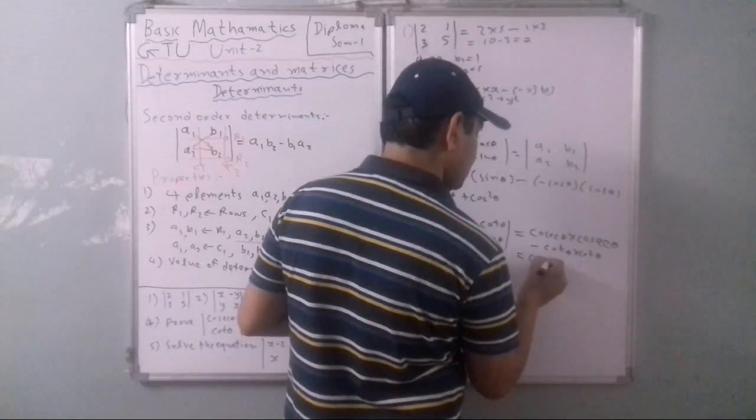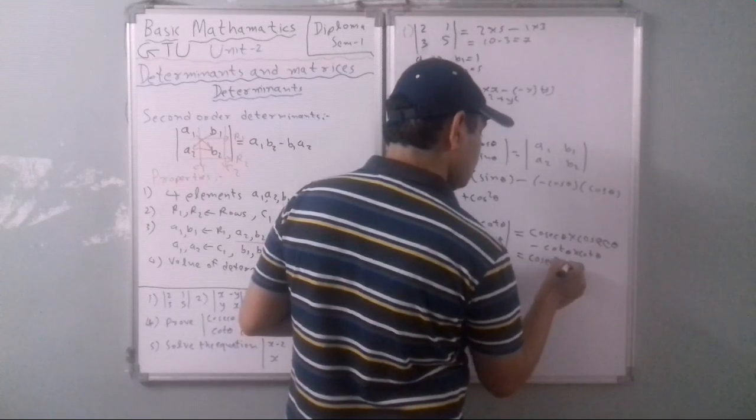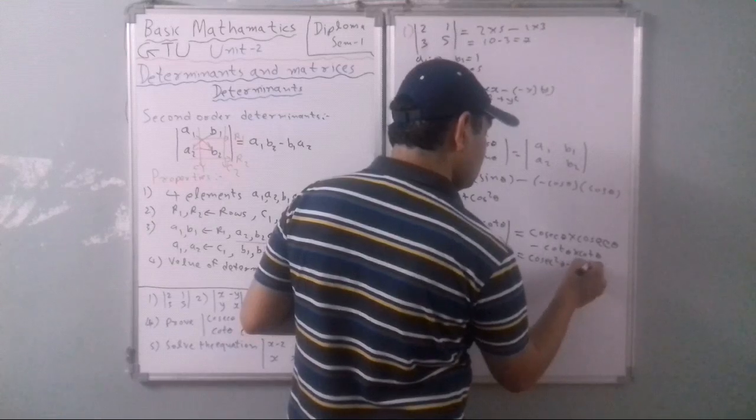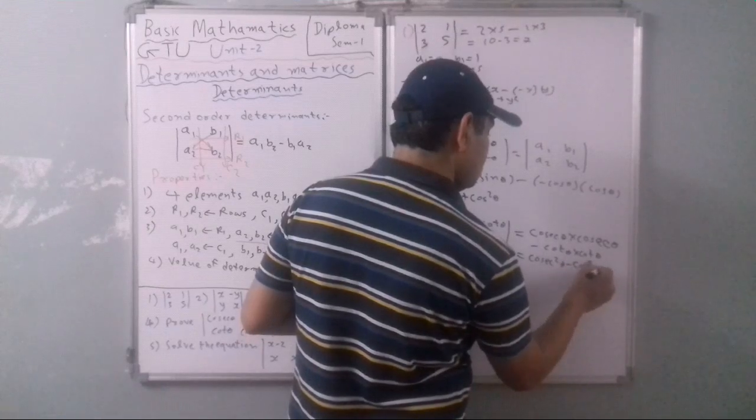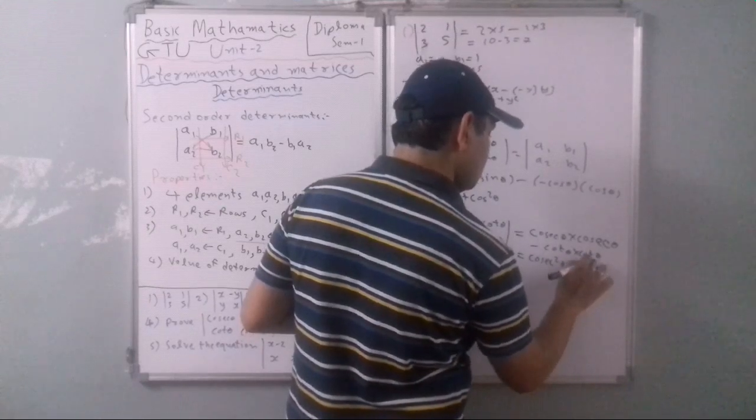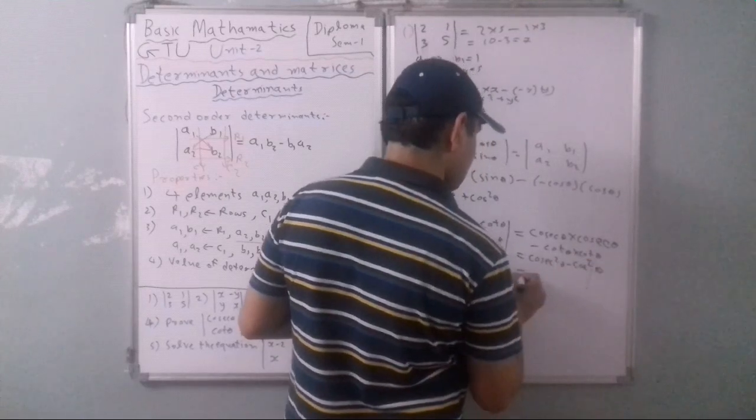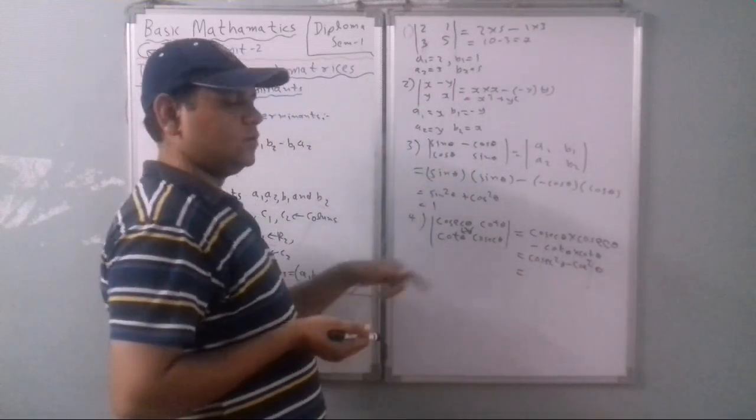This is equal to cosec square theta minus cot square theta.